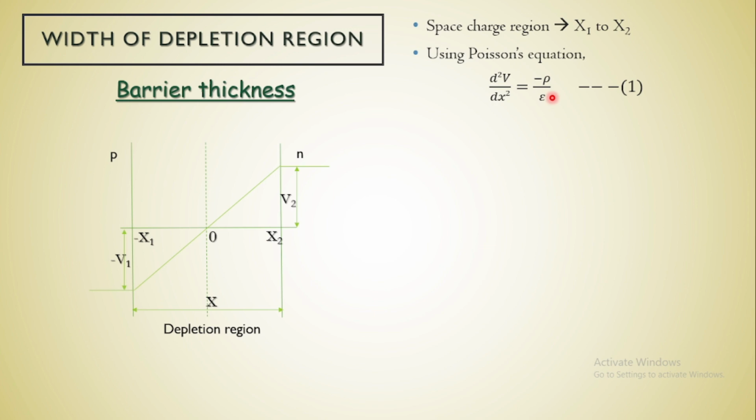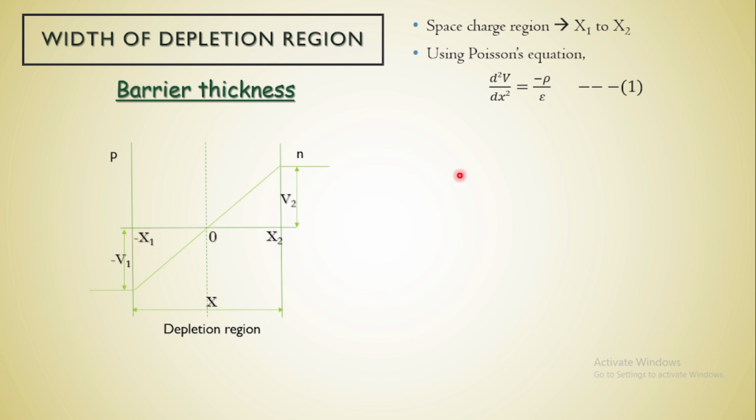Then we consider a portion of the depletion region which is situated in the P region near the junction. So first we will go with respect to this region and then we will move on to this region, which are going to be almost analogous to each other. So considering first region where we will find out finally x1.